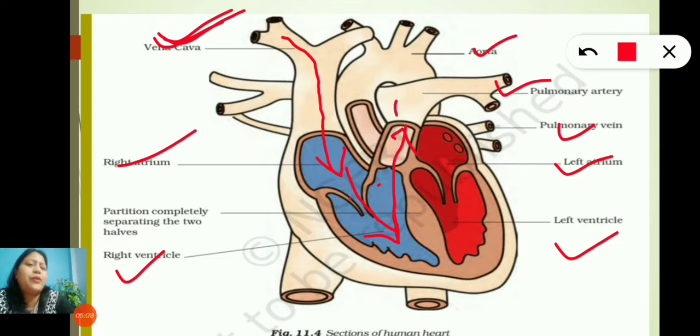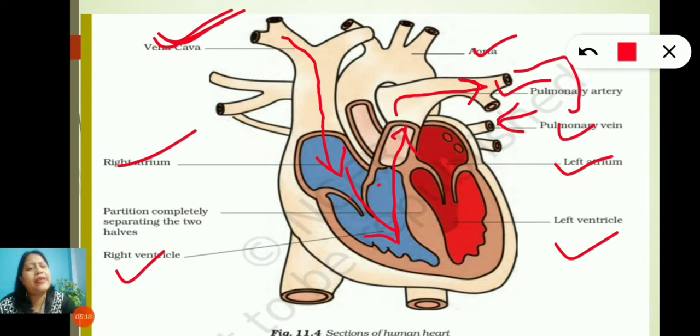The pulmonary artery carries the deoxygenated blood to the lungs, and there it gets oxygenated. The oxygenated blood then enters through the two pulmonary veins into the left atrium first.